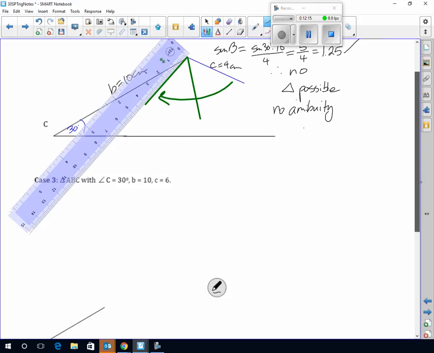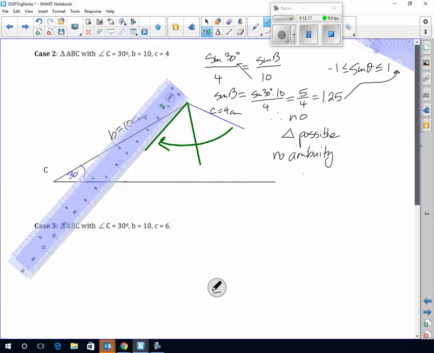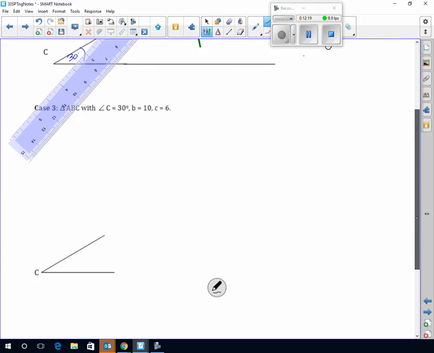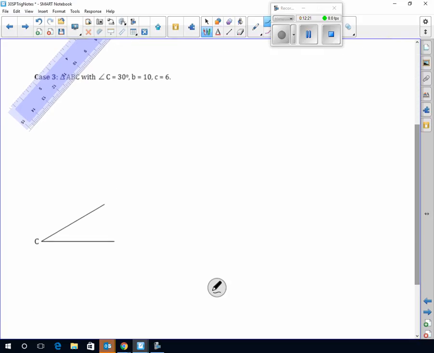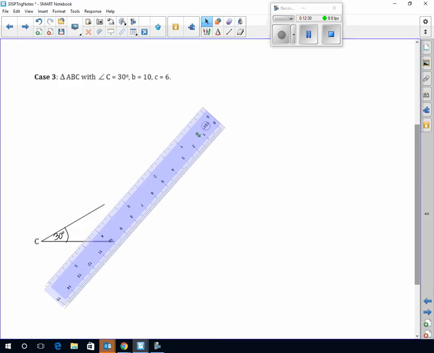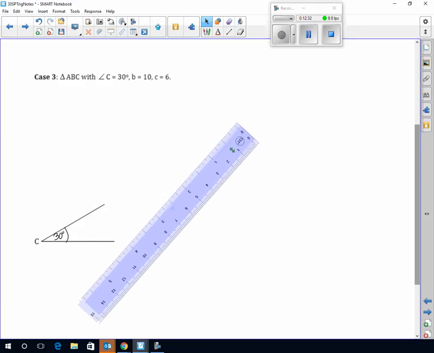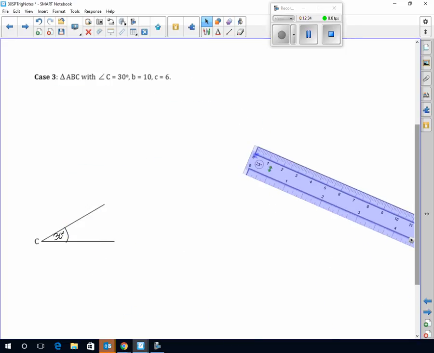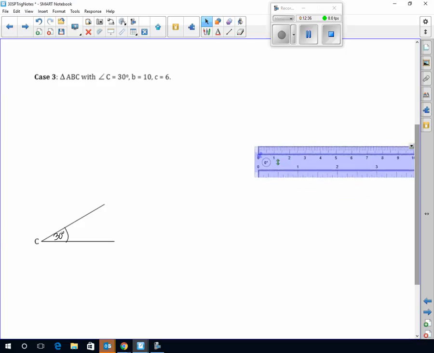Am I going too fast here? Okay, let's do this again. Again, verify this is 30 degrees. Okay. I am going to extend A again.